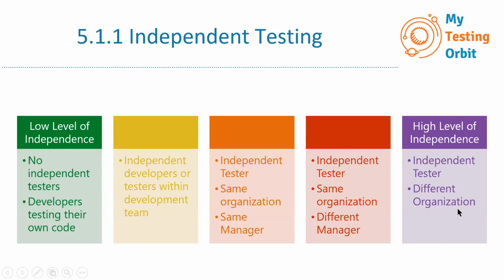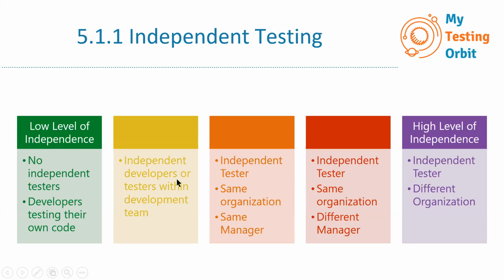So in this scenario, because the tester is not part of the same organization, the tester doesn't have any kind of pressure, and can work independently and without any kind of politics in the company, because that tester is completely independent.